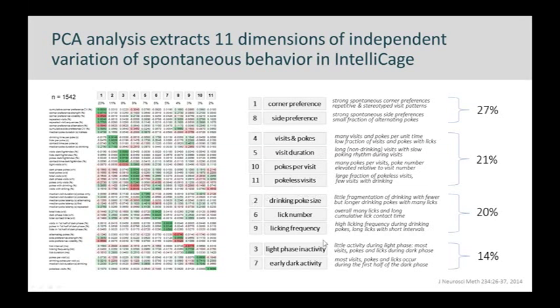We have a set of 3 components that are more related to licking activity, describing lick number, for instance, and frequency of licking during a poke. And finally, we have 2 components that describe how the activity in the cage distributes across the 24-hour cycle. The numbers that you see on the right side indicate the proportion of variance in the original data set that is extracted by these groups of components.